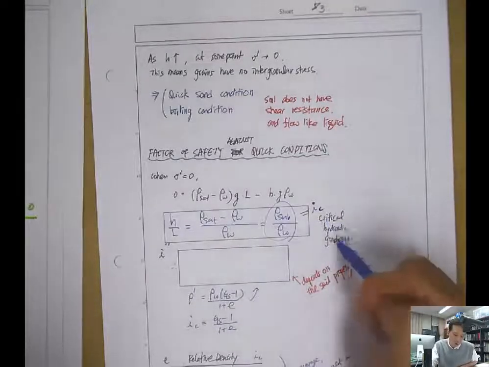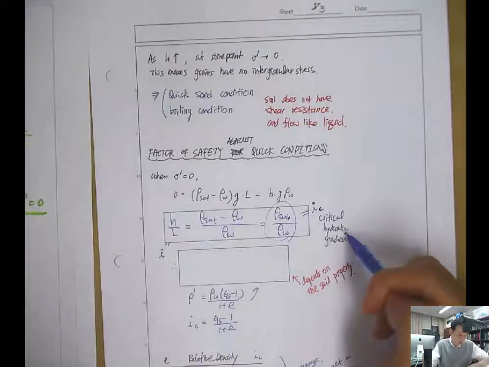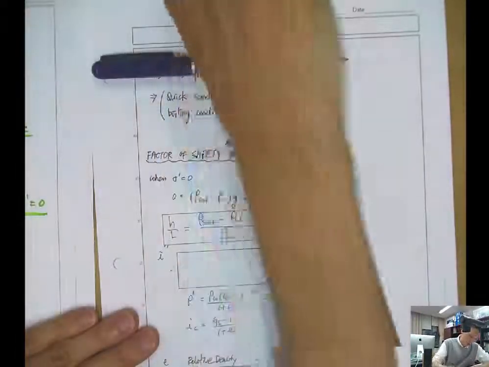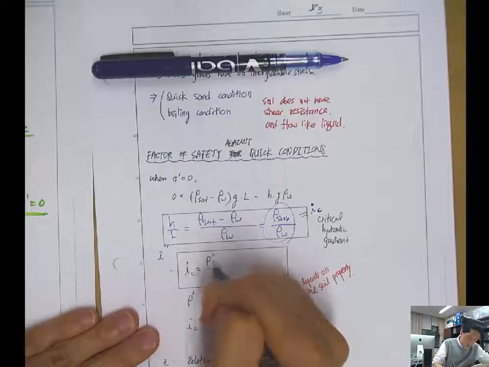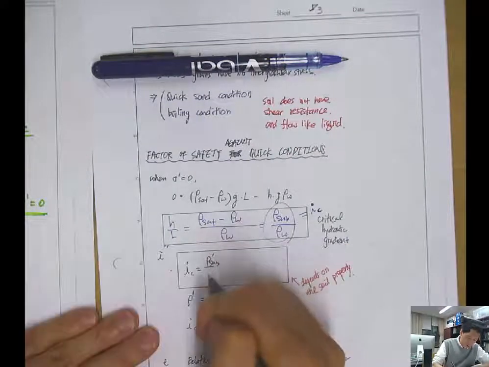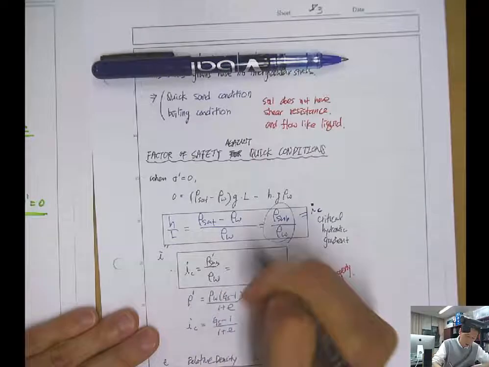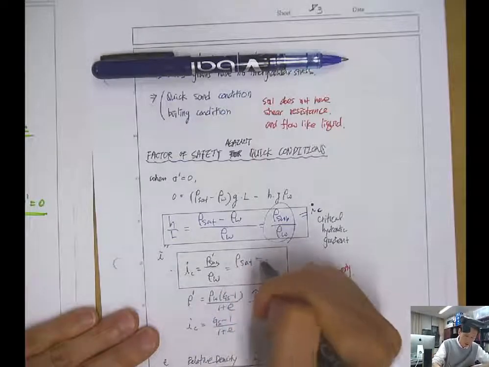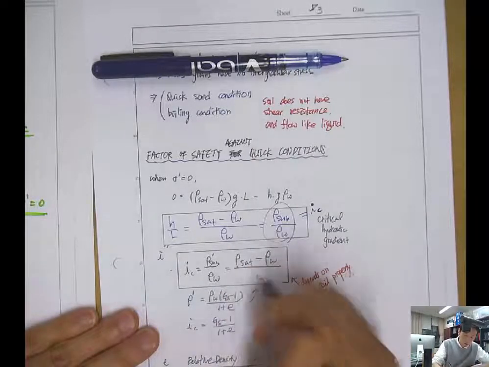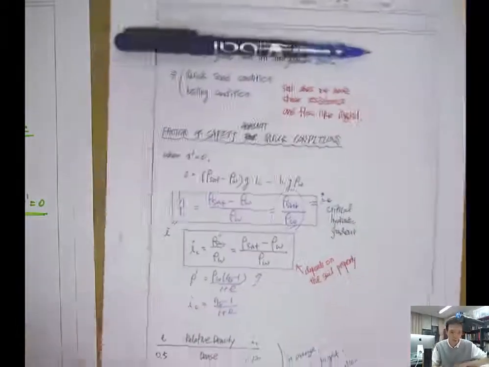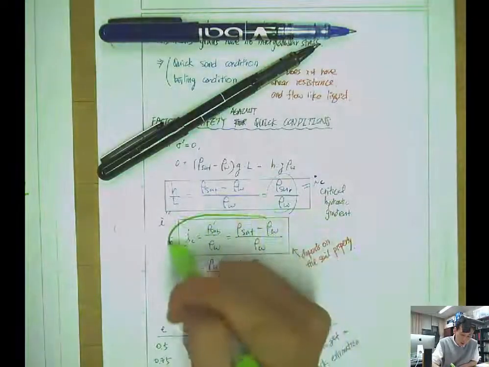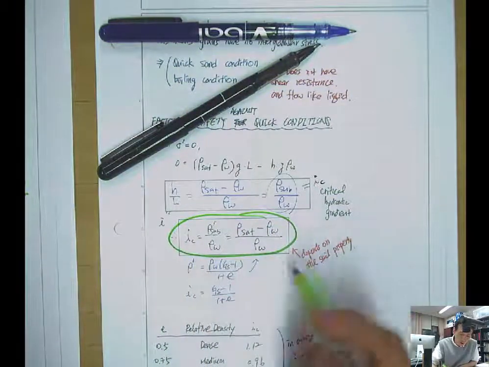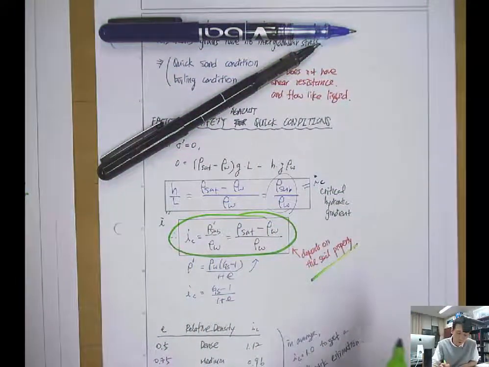And this i_c is called the critical hydraulic gradient, rho prime or rho sub over rho w, which is the saturated density minus water density over water density. And you can see that the critical hydraulic gradient depends on the soil property only.